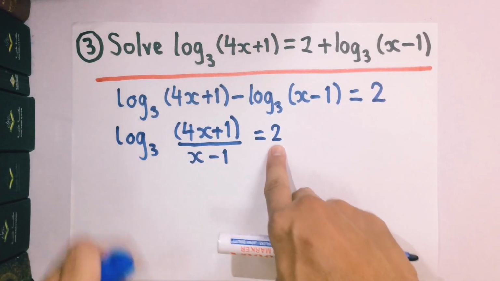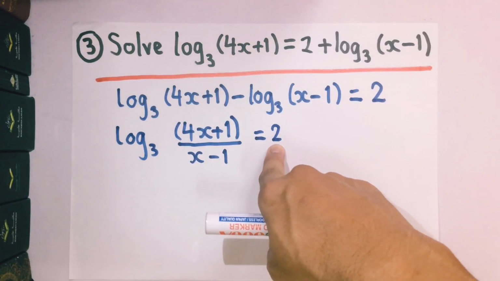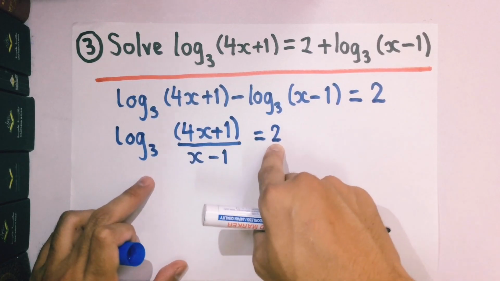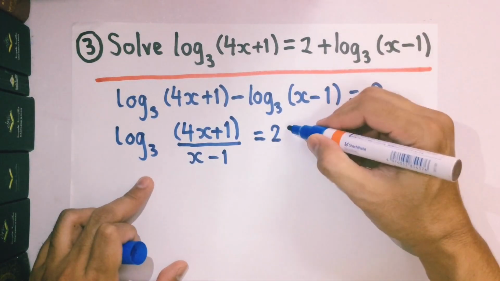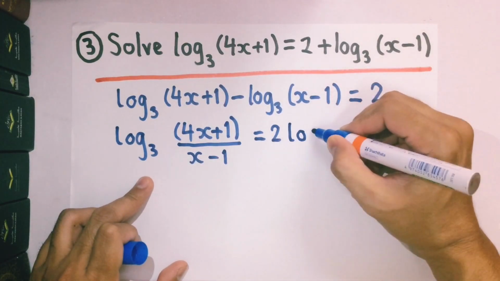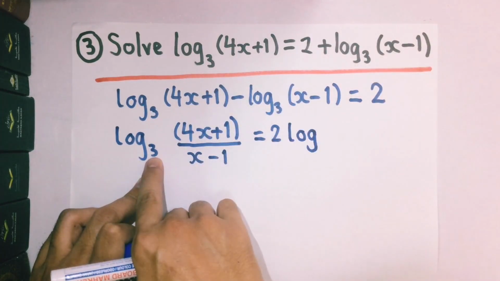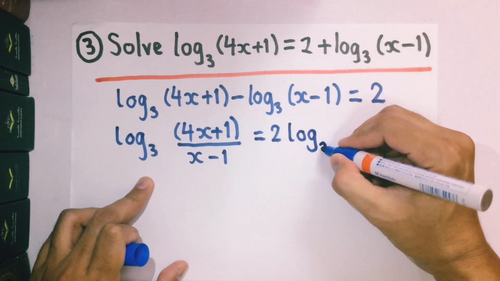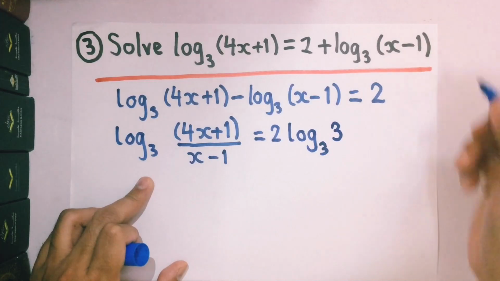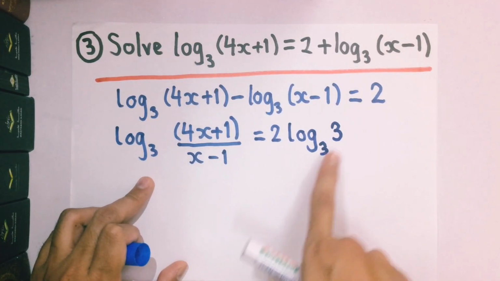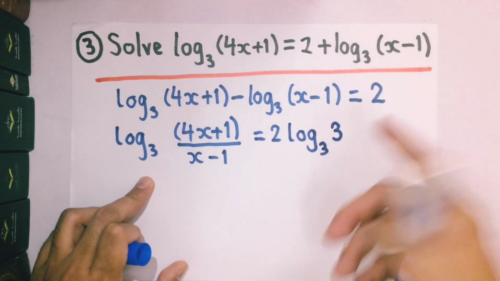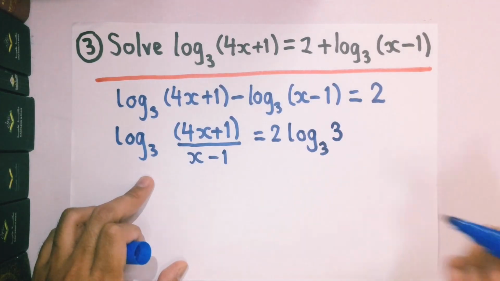Because 2 is quite lonely, he doesn't have a log with it, so can you be generous and give log to this number? So we're going to give him log of the same base as this one. So we're going to give base 3 as well, and we're not going to change the equation because log base 3 of 3 equals 1. So this is just playing around with the equation.